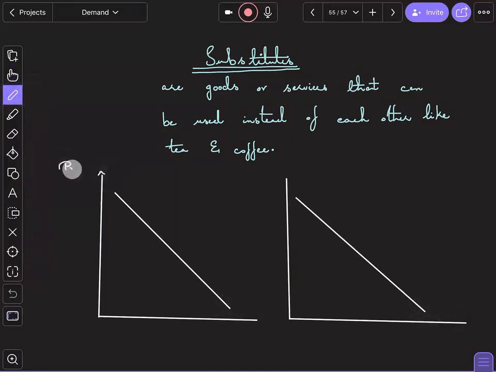So the initial price of tea was P naught and Q naught.